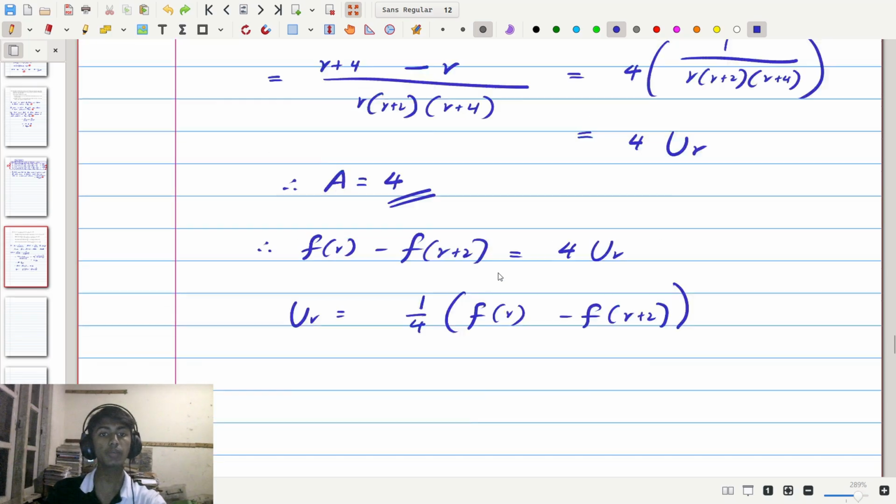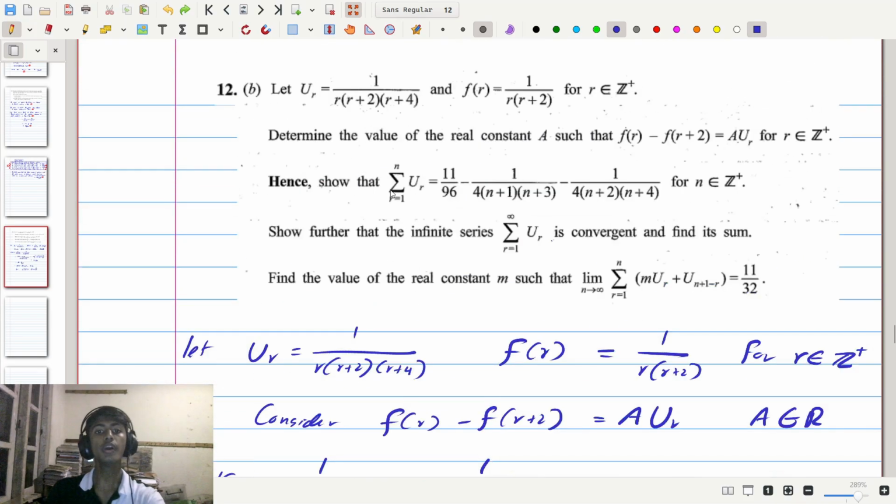So if we try and see what that's going to be equal to, what we need to do is to consider the sum of u of r terms from r equals 1 up to n.